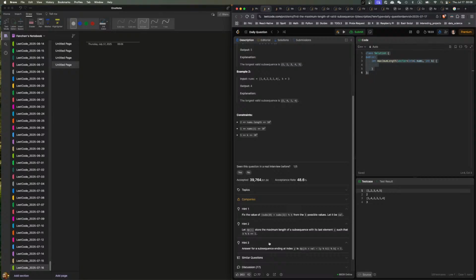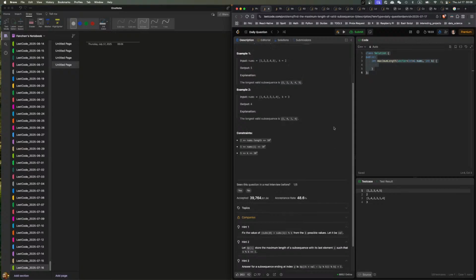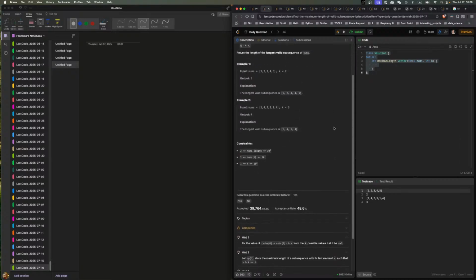What is this, the maximum? I think that's the answer, right? The maximum length of a subsequence. But this dp[i] is the remainder of x mod k. Hold on, what's so special about the x mod k?